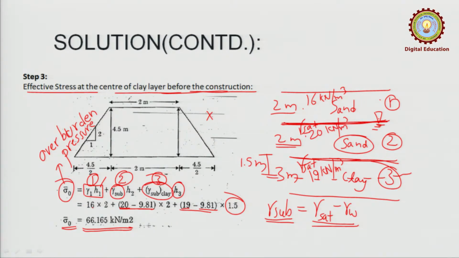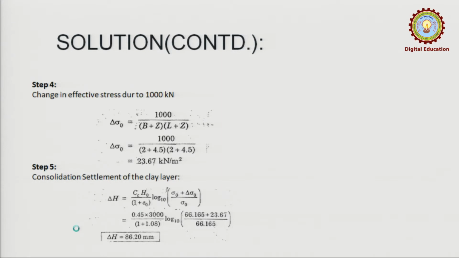Now, let us move forward, we have to find the other parameters. Now, this will be the excess or incremental pressure, which I was talking about, the incremental pressure increase due to this 1000 kilonewton.